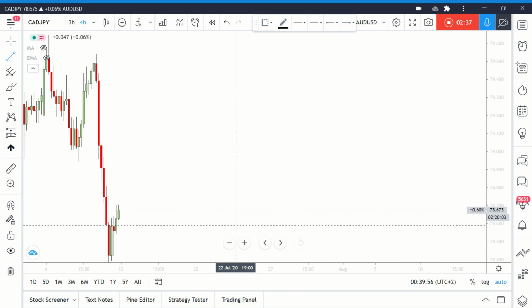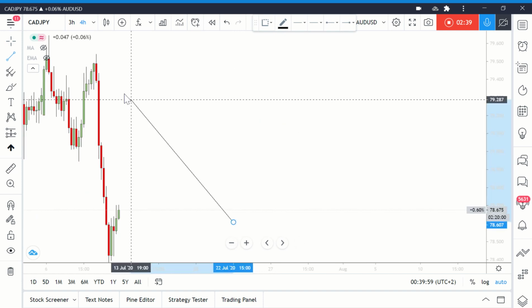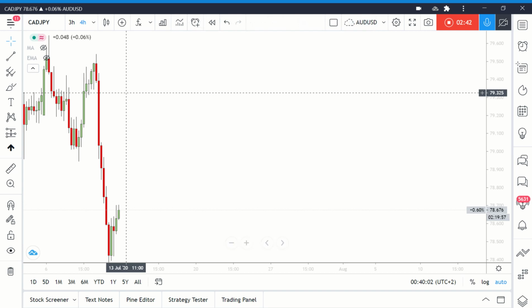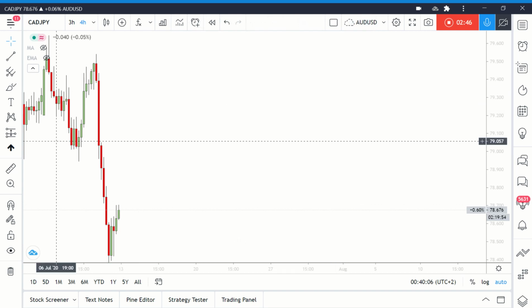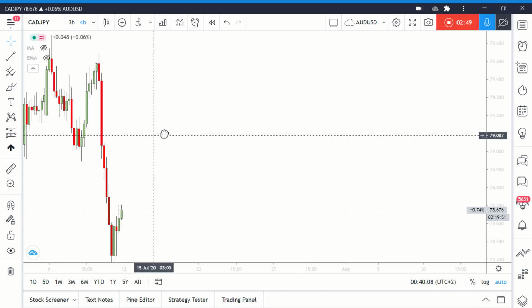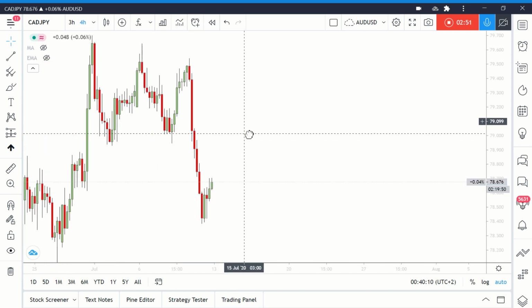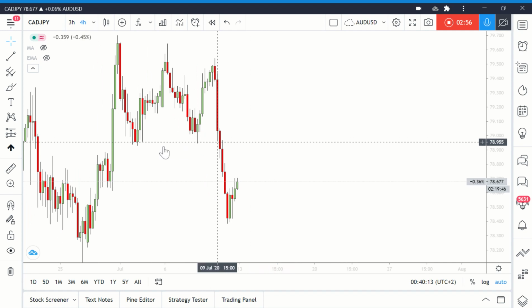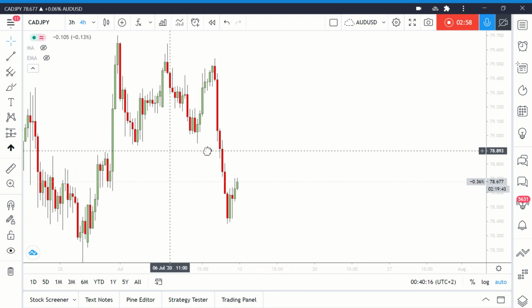Let me just zoom in here on the chart. Now, what we can see here is that we did have a drop in the Canadian dollar last week. If you actually look at this drop here, it was also supported by the drop in oil prices.